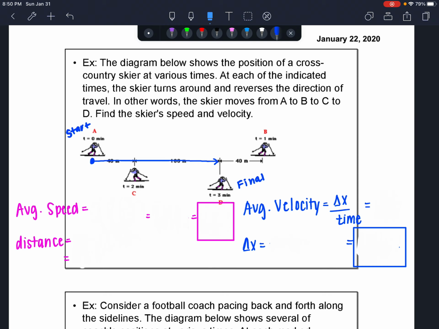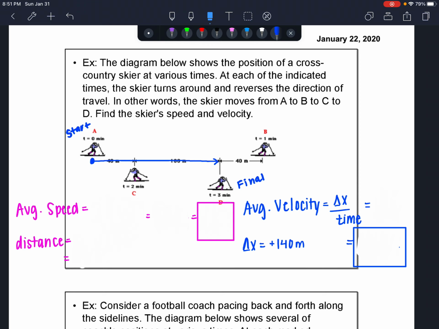So all I have to do is figure out what my displacement was. Well, the skier traveled 40 meters from point A to C, and then an additional 100 meters from C to D. So my total displacement from beginning to end was a positive 140 meters.